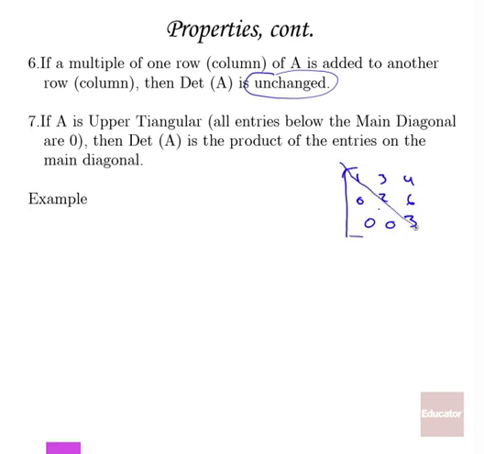Everything, so this is the main diagonal, okay? Everything below the main diagonal is zeros. So notice 0, 0, 0, but there are entries on the main diagonal. Some of them can be zeros, but they're not all 0, okay? So upper triangular means the upper right-hand part is the shape of a triangle. Okay? When that's the case, then the determinant is just that.